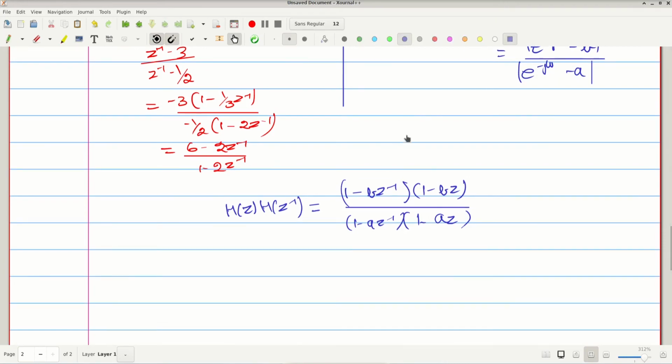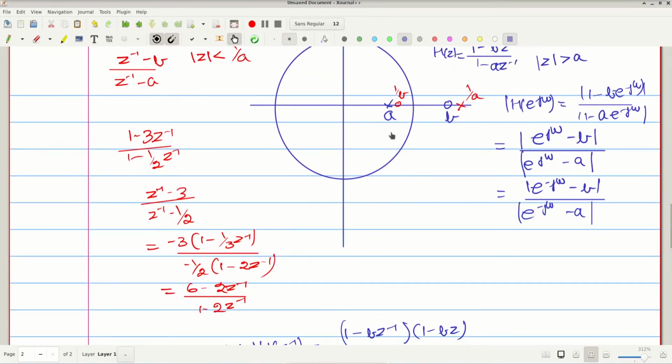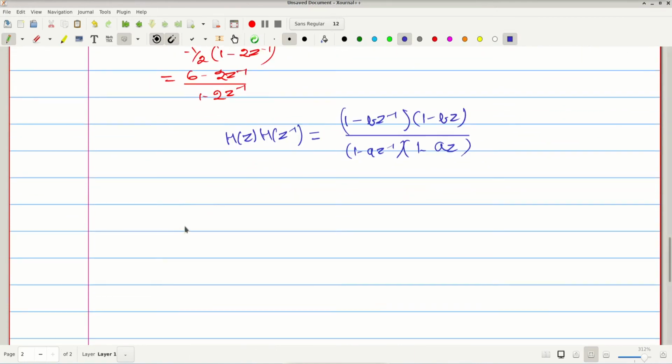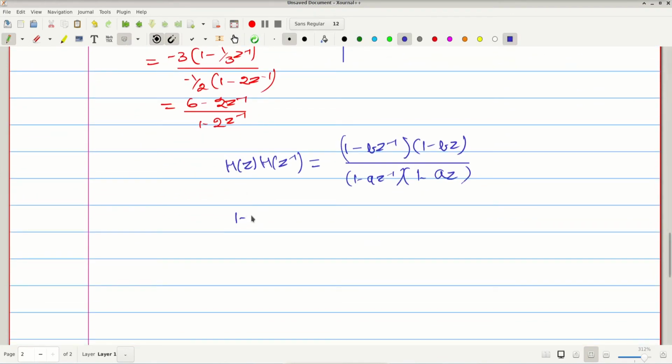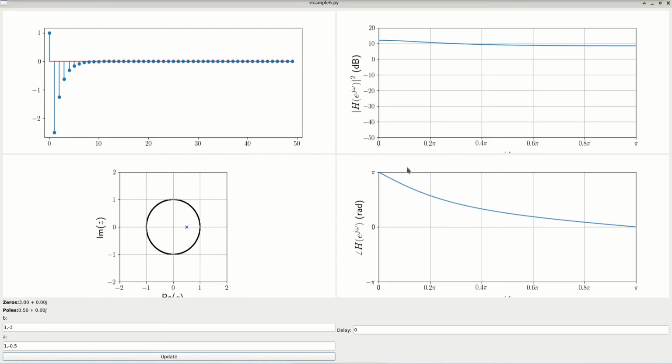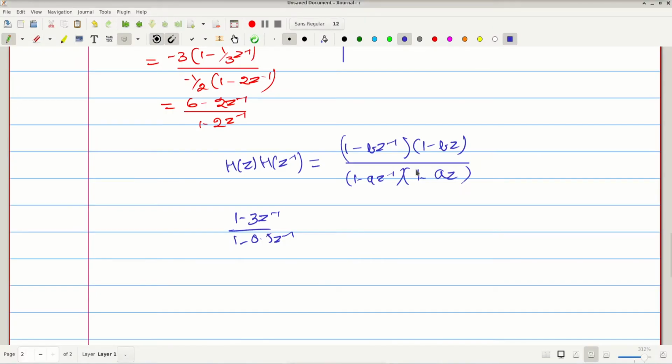You don't believe me? I did both operations. Let's do a single operation. So I originally chose 1 minus 3z inverse upon 1 minus 0.5z inverse, which has this kind of system.